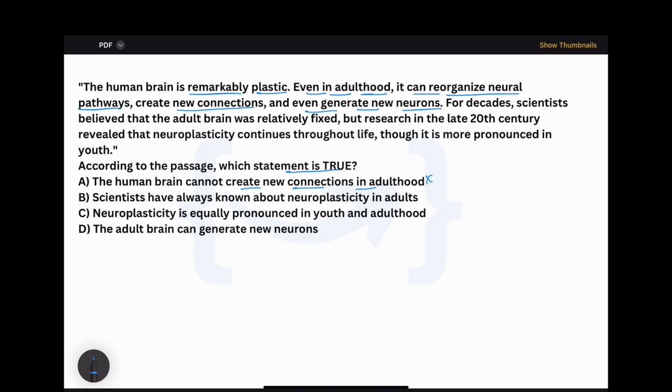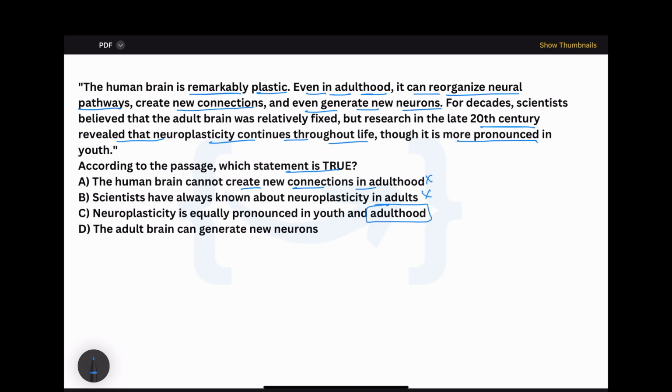The next statement says neuroplasticity is equally pronounced in adulthood. Scientists have long believed that the brain is relatively fixed, but research in the late 20th century revealed that neuroplasticity continues throughout life. So this is also wrong. Another says neuroplasticity is more pronounced in youth, but not pronounced in adulthood.